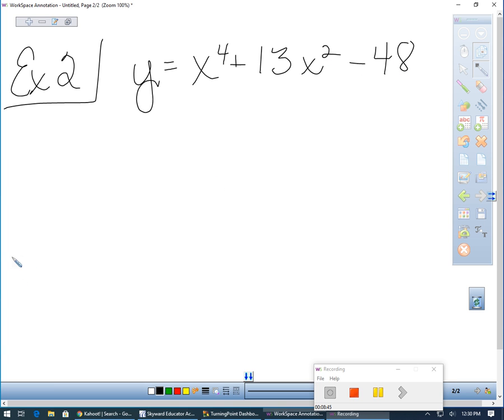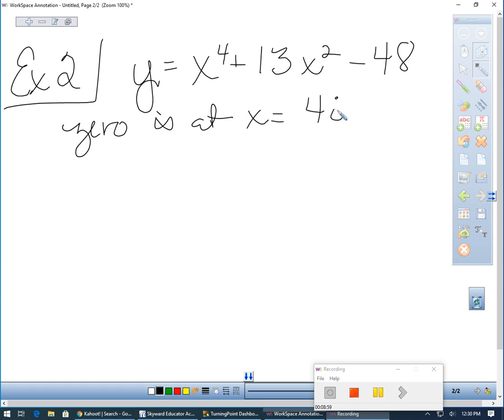And I tell you that one of your zeros is at x equals 4i. What I want to know is, what are the other ones? So first of all, if you have 4i, you also have what? Negative 4i. Very good.